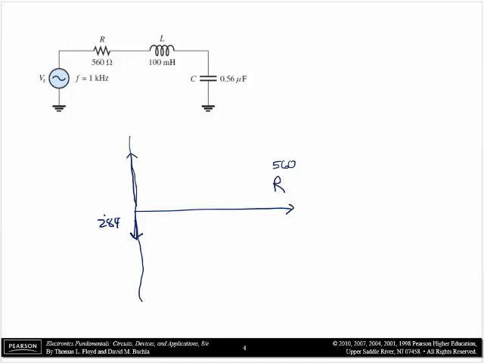XL was 628. That means we get a resultant. Let's switch colors here. The resulting XC minus XL was 344 inductive, so that means it goes up 344 ohms. That's X total. And that's XL, that's XC, and that's R.